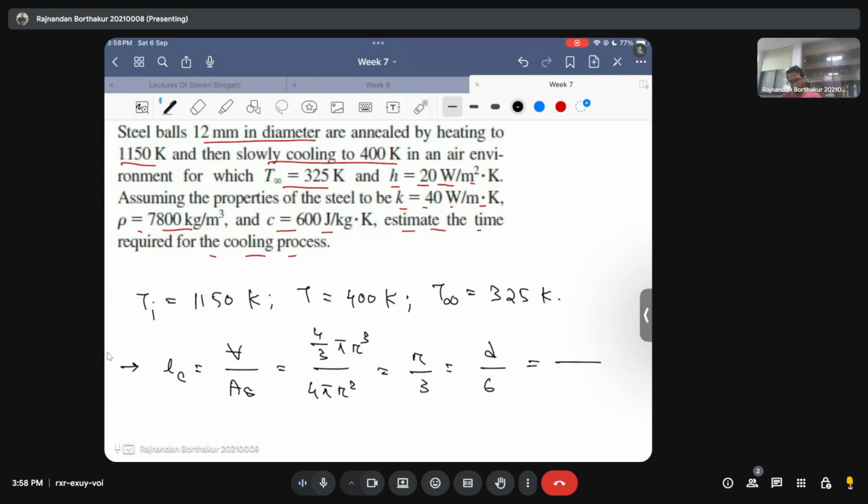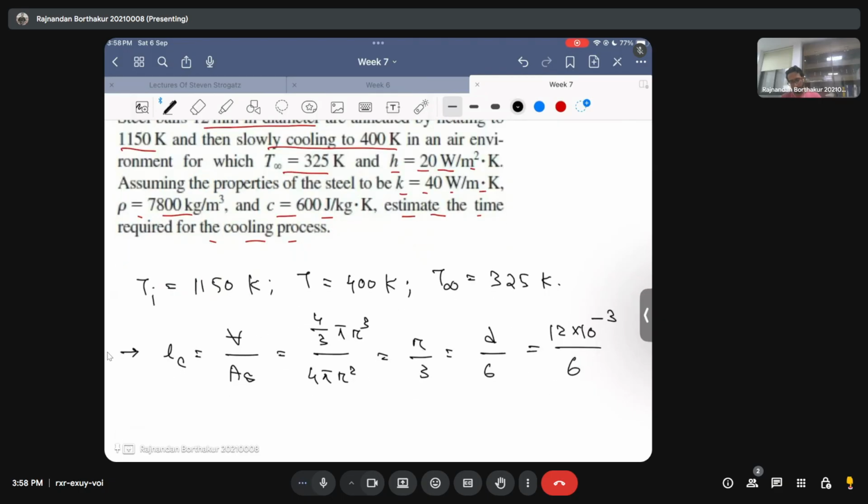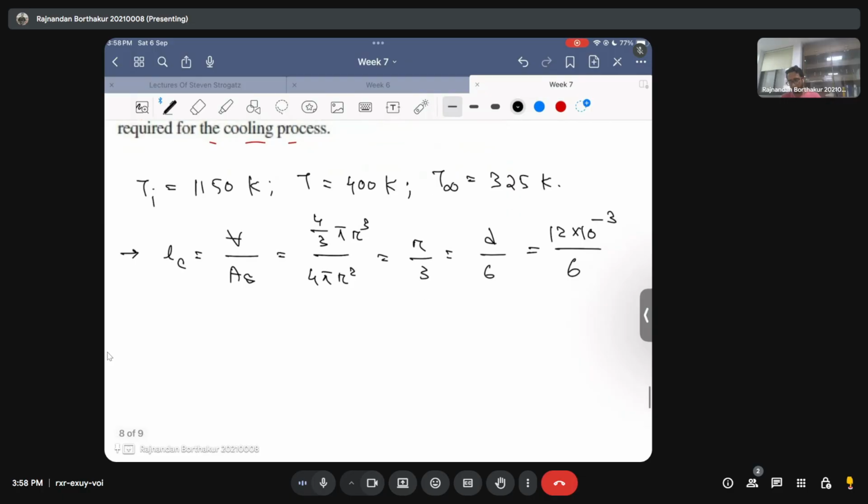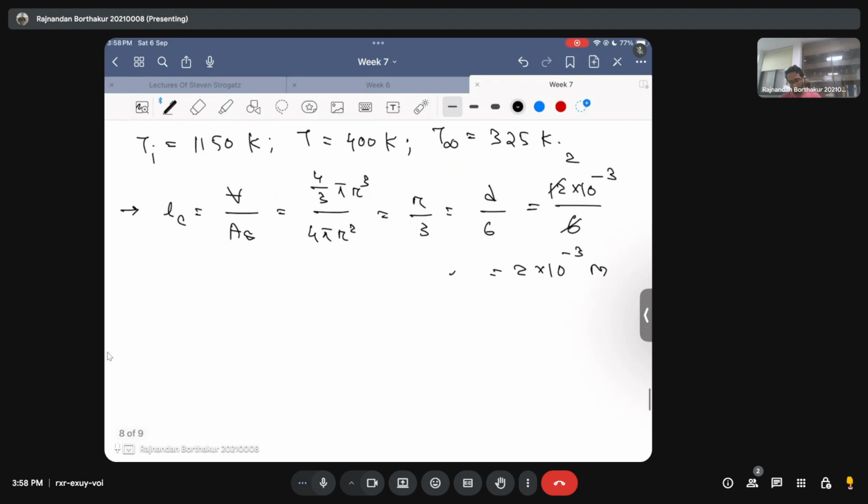So this is 12 times 10 to the power minus 3, divided by 6. How much is this? This is 2 times 10 to the power minus 3. This is your characteristic length, LC.